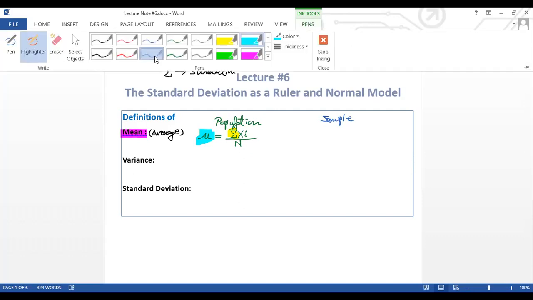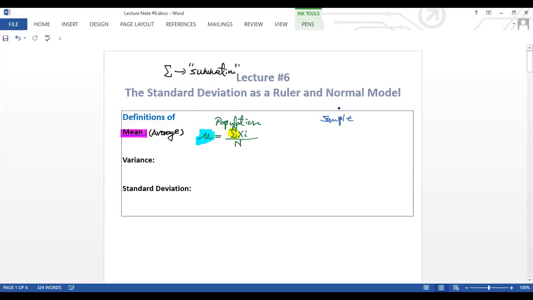Okay, now for the sample mean. What is the sample mean? Like we talked about mu, the corresponding one we say is x bar, right? So we use the letters x bar here. And the x bar is just the same thing for your sample.